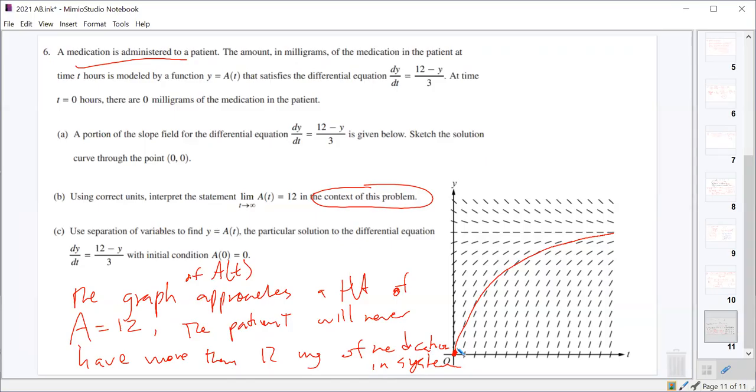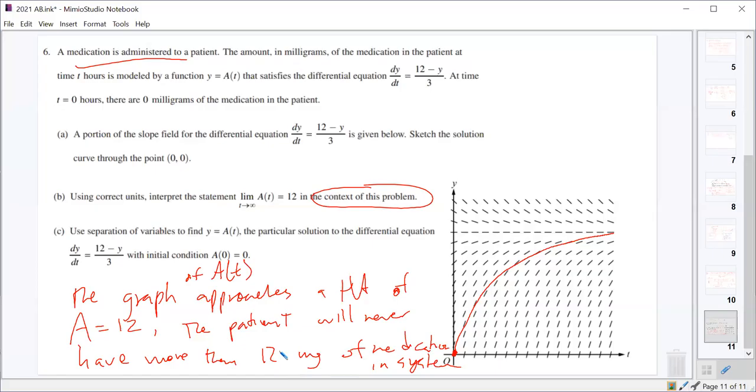I don't have the scoring guidelines in front of me because they haven't released them, but because it does say in the context of the problem, you probably don't need the mathematical horizontal asymptote part. And make sure you include the units, milligrams. Right. All right, everybody get there with B?